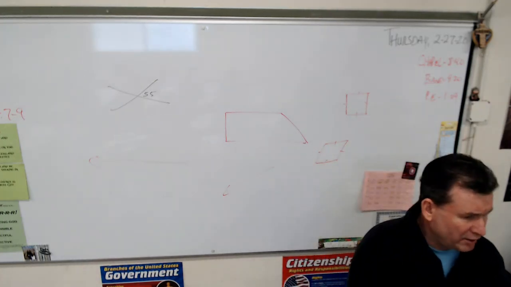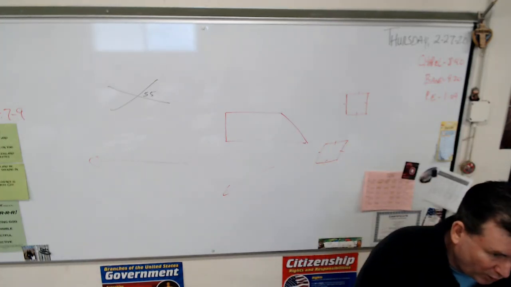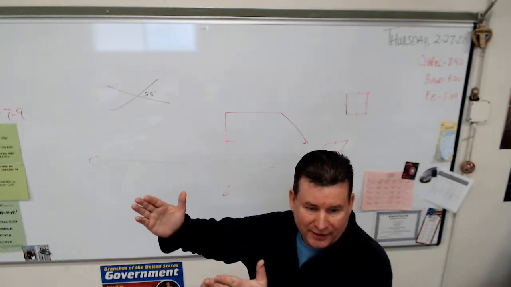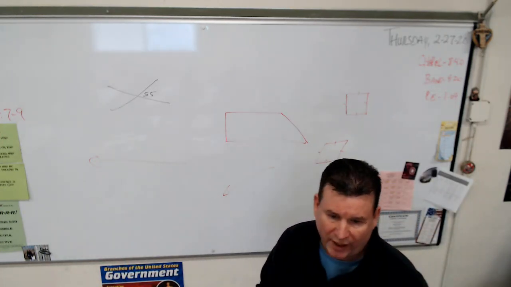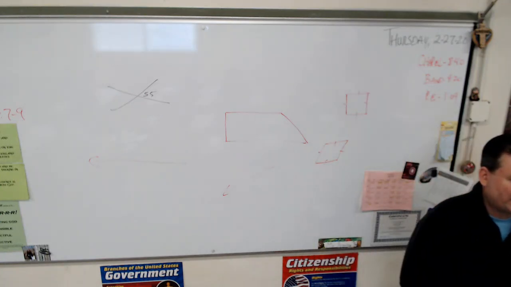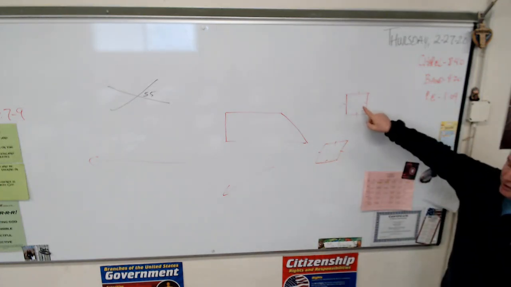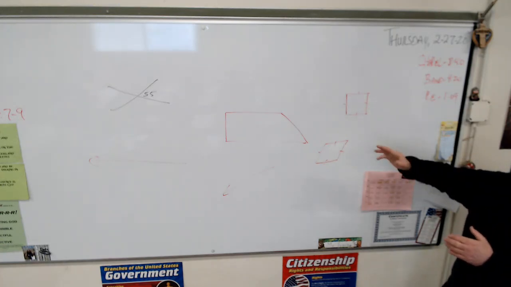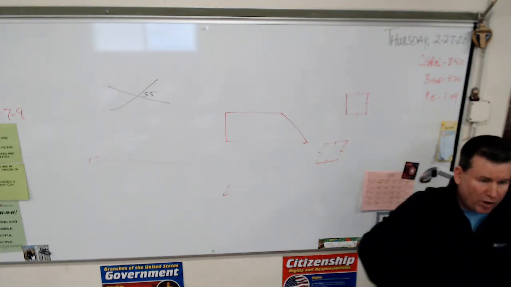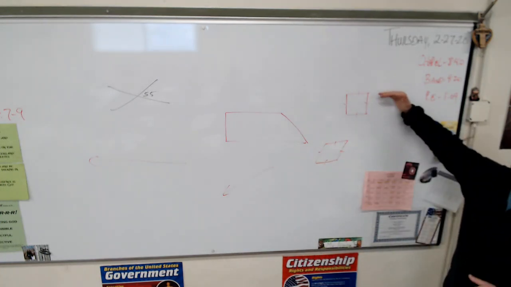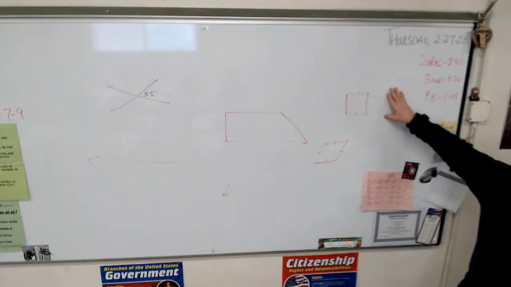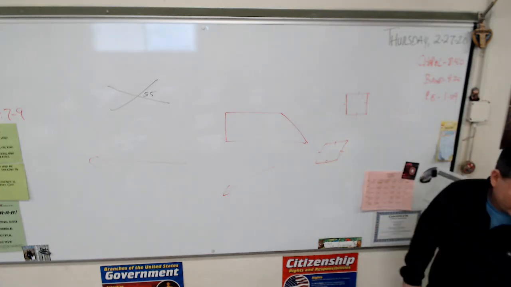A square is a rectangle, but a rectangle is not necessarily a square. A rectangle can be a square. This is a rectangle. Why? It's a parallelogram that creates 4 right angles. That's all a rectangle is. It's also a square. Not all rectangles are squares, obviously. But all squares are rectangles. So sometimes a rectangle will be a square.